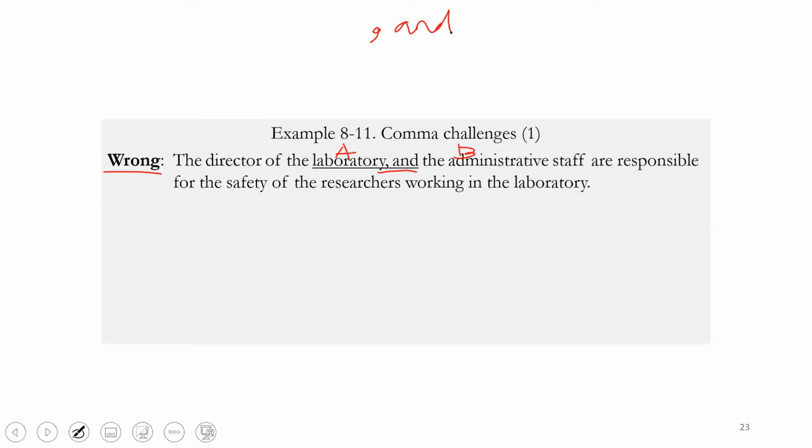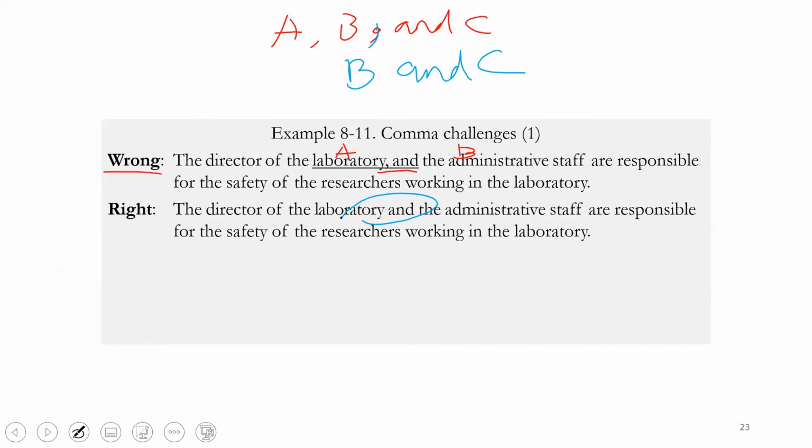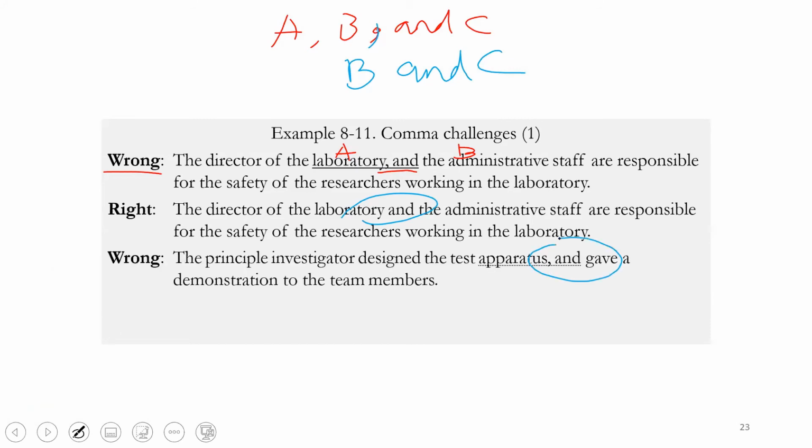Okay. What I said is, if you have A, B, and C, but if it is only B and C, you do not need a comma. You just remove it. The principal investigator designed that apparatus and gave a demonstration. You were reading here the PI.